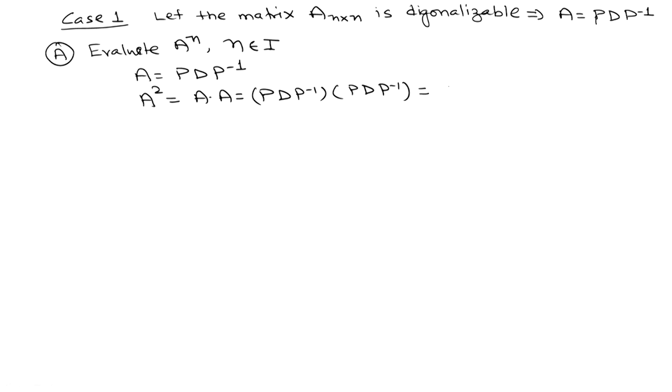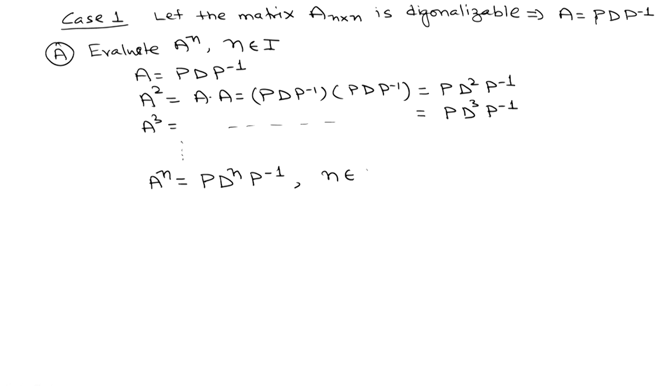So this will become P D square P inverse. If I have A cube, in the same way it will become P D cube P inverse. So for any given n, A raised to power n equals P D raised to power n P inverse, where n belongs to I.